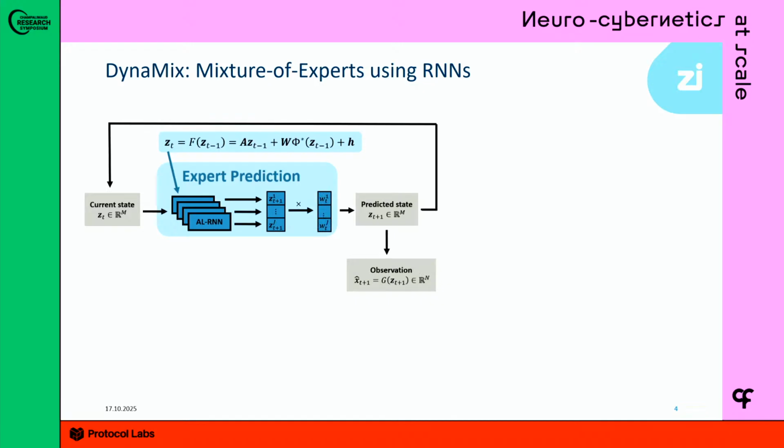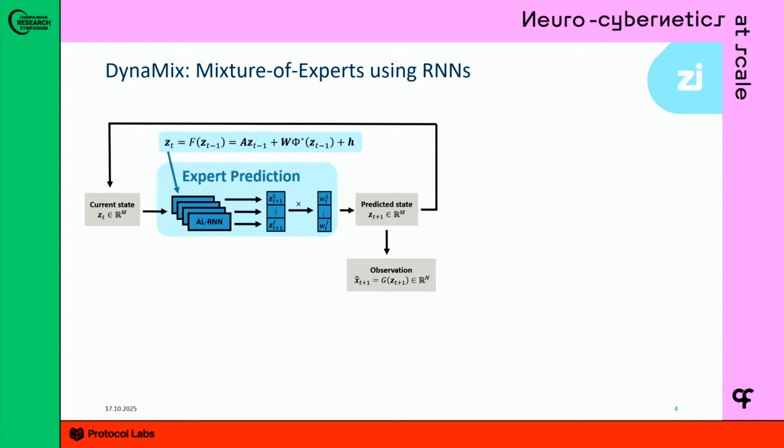Then we weight these latent states, which then gets aggregated into the next predicted latent time step, from where we can, using an observation model, produce our observation outputs, and then autoregressively feed the signal back into these RNNs again.